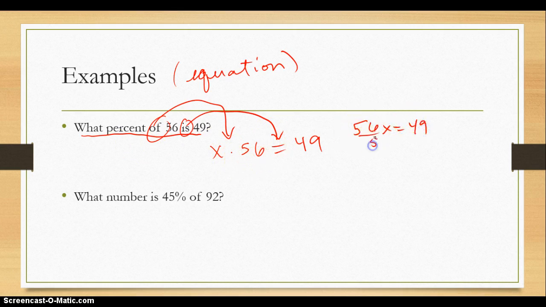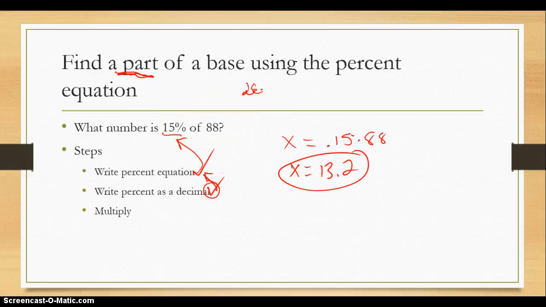I can divide by 56. It's very important too, when you look at this, we always talk about math has to make sense, so let's think to ourselves. If we look back, it says, what number is 15% of 88?